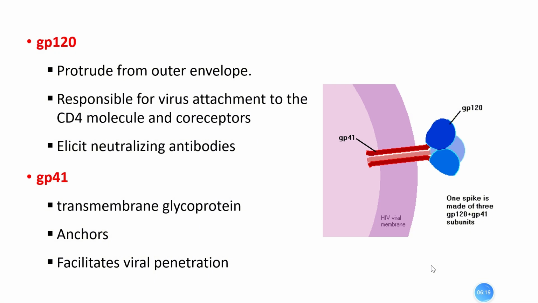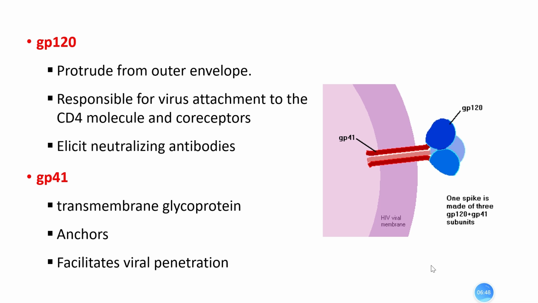And anything else? Macrophages. Yeah, some macrophages also express CD4. So at the early stage of HIV infection, it actually targets macrophages first. Then it targets CD4 cells.